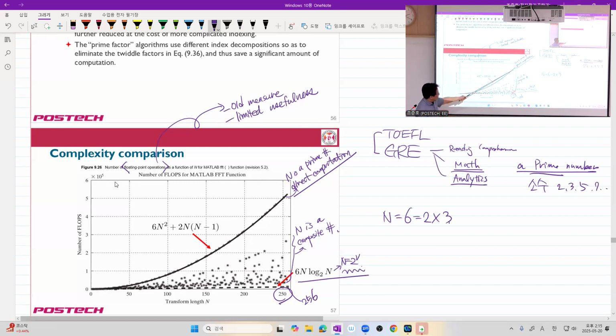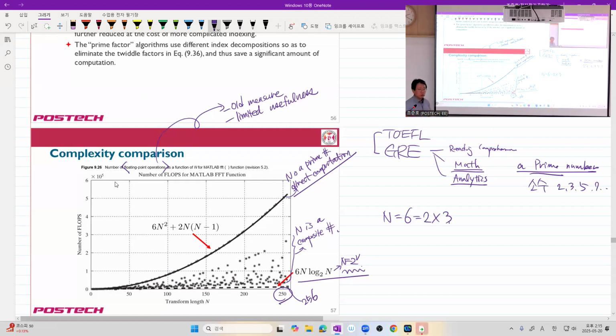But anyway, there is something. Is 249 a prime number? No, it's a multiple of 3, then what is it? But anyway, I don't know. So you see that these composite numbers have higher computational complexity of big O of n squared.